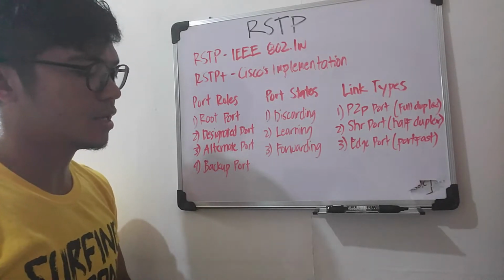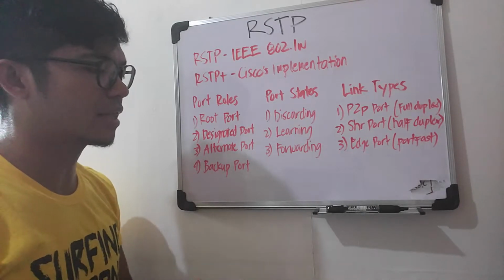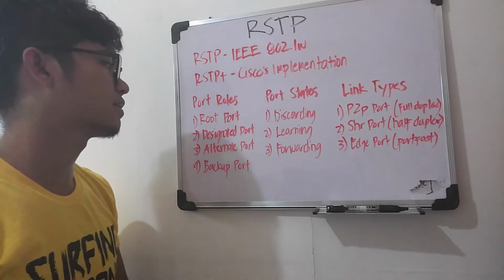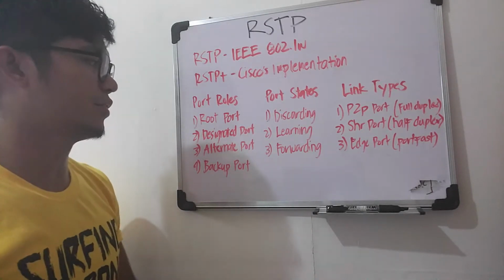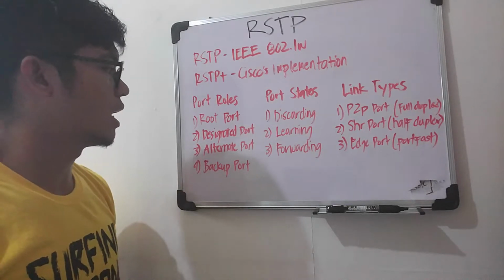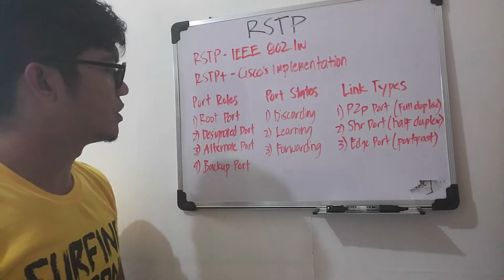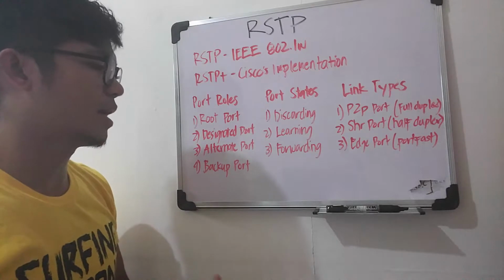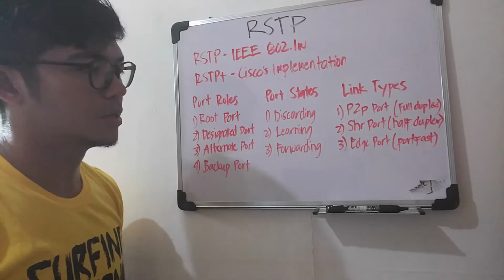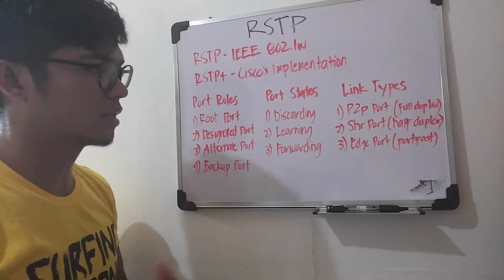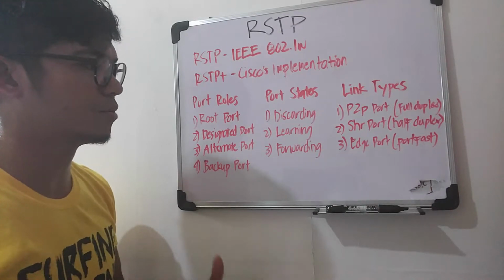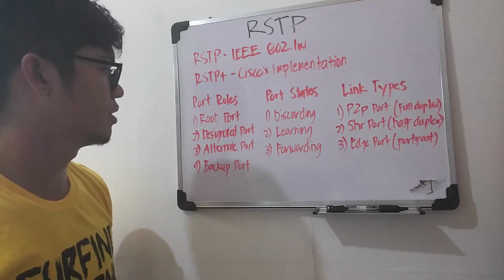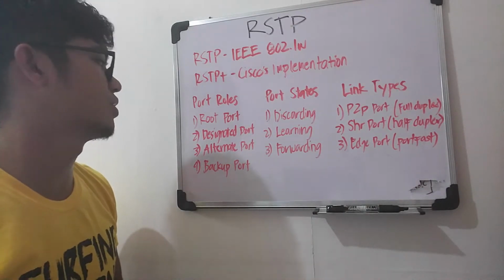On every segment or link there should be at least one designated port. This is chosen by looking at the lowest cost to the root bridge.